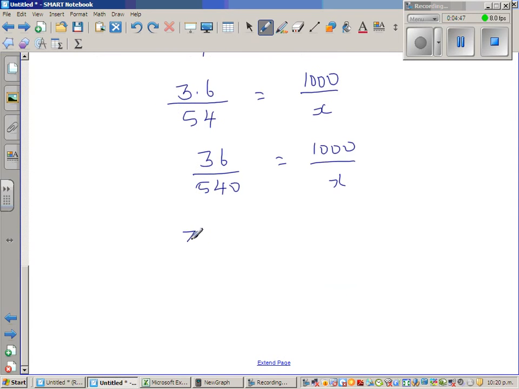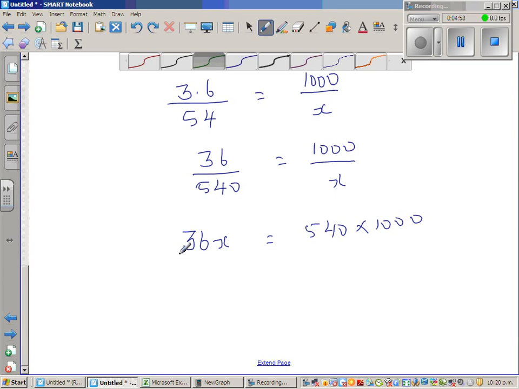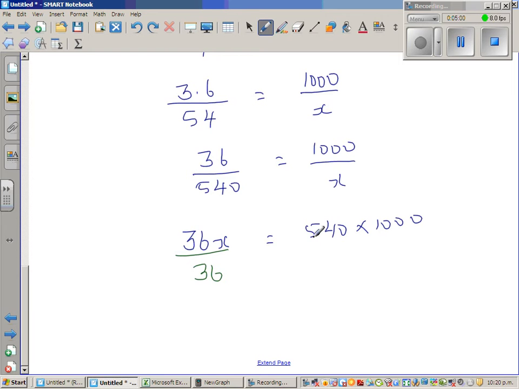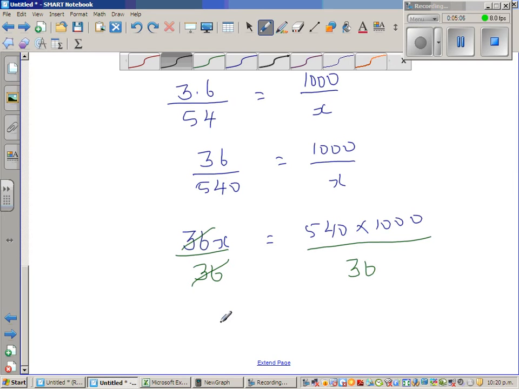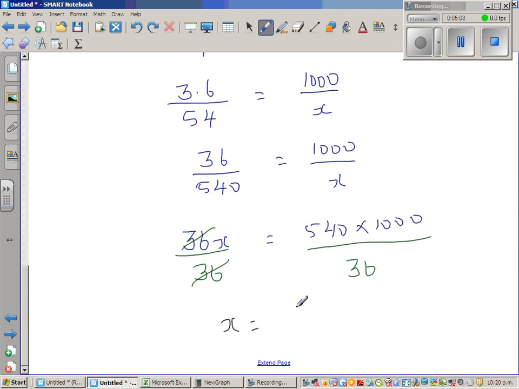Cross multiplying, 36x is 540 times 1000. Dividing both sides by 36, the 36 and 36 get cancelled.